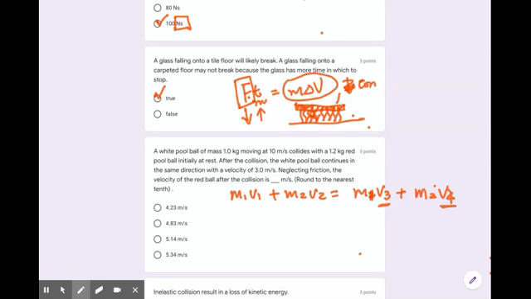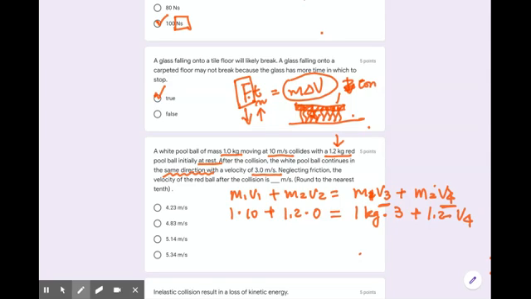Our M1 is 1 kilogram, V1 is 10 meters per second, 1 times 10, plus M2, 1.2 kilogram, initially at rest, so 1.2 times 0, equal to M1, which is 1 kilogram, times 3, and it's the same direction. If it's a different direction, it will be negative. Since it's the same direction, it will be positive 3 plus M2, which is 1.2, times V4.